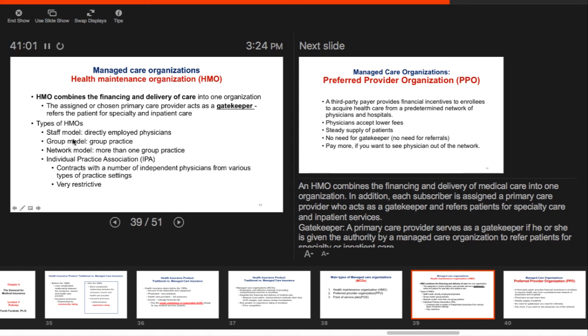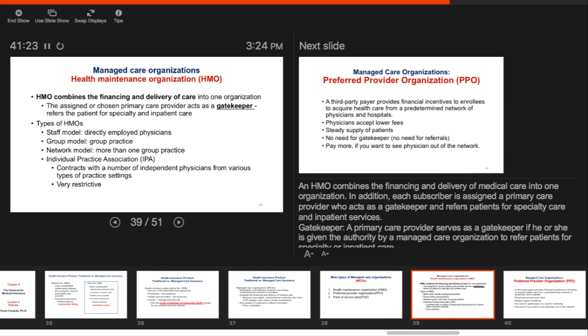There are actually different types of HMO. In the first type, the staff model, the physicians are directly employed by the HMO. They are paid by the HMO, and they treat patients by the number of patients, based on capitation, not by the number of times they see the patients, which sometimes is good because it's more cost effective. The physicians don't want to make the patients come in and be paid based on the number of visits.